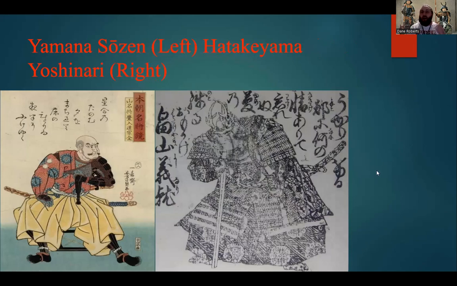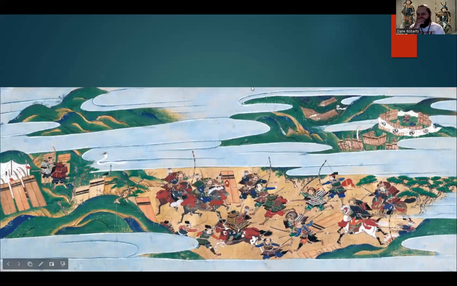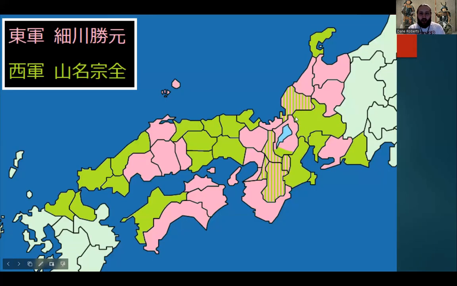Once these factions gathered, the all-out war began, and the war saw 10 years of heavy fighting, like you see over here and over here, where large-scale bloody battles were fought all across Japan, especially around Kyoto, with the green areas being the Western faction and the pink areas being the Eastern faction.